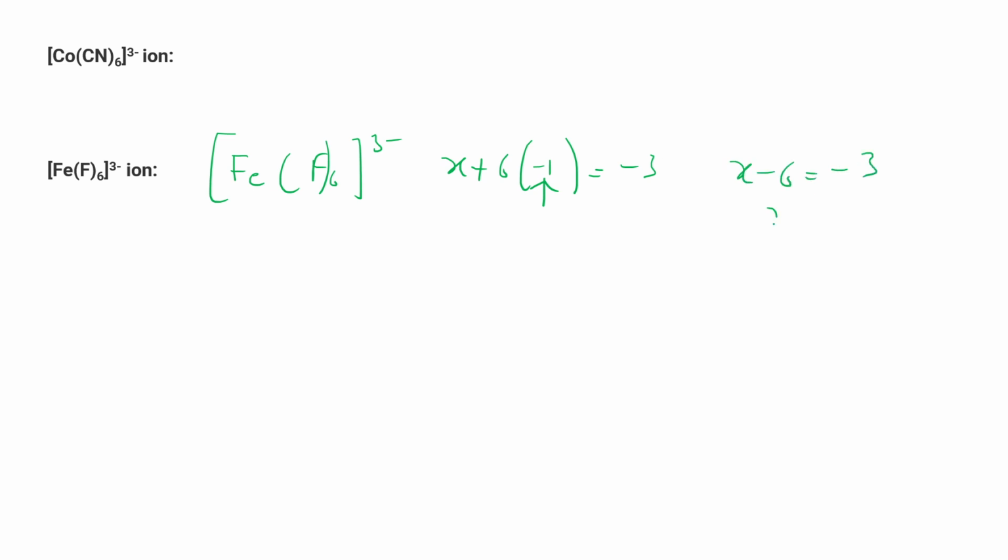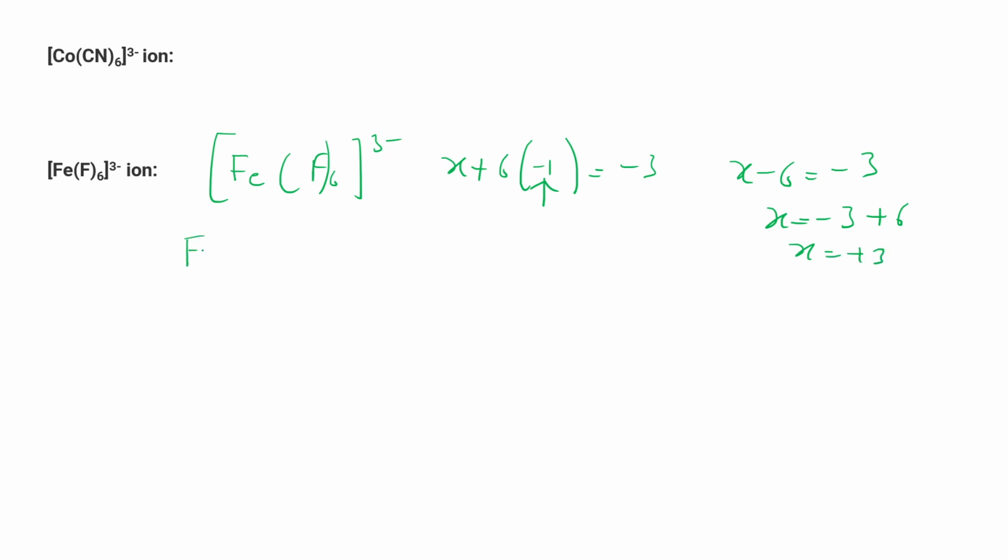Shall I solve now? I hope you guys have solved. So in this complex, oxidation state of iron: x plus 6 minus 1, fluoride has a charge minus 1, minus 3, x minus 6 minus 3, x is equal to minus 3 plus 6, x is equal to plus 3.